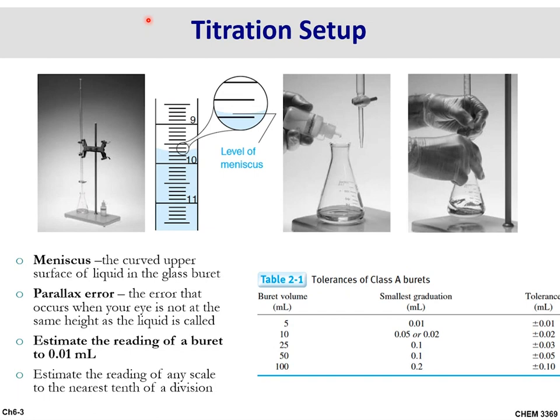Well, the thickness of a graduation line on this 50 milliliter burette corresponds to about 2/100ths of a milliliter, 0.02 of a milliliter. So the volume between the top of this graduation line and the bottom in a 50 milliliter burette is about 2/100ths of a milliliter.